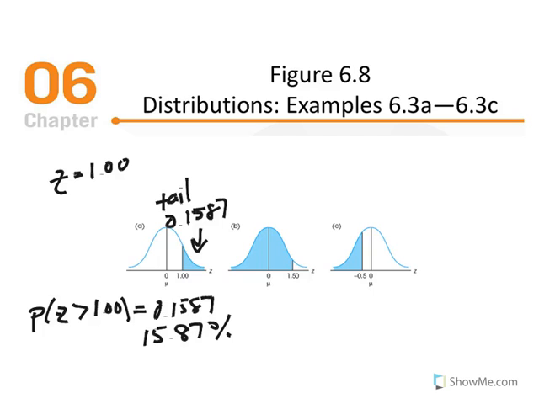In our next one, B, now we're interested in determining the probability of selecting a z-score less than a z equal to 1.5. And again, it is positive, so it's going to be to the right of the mean.